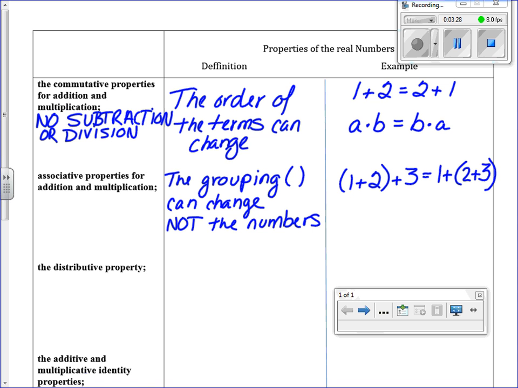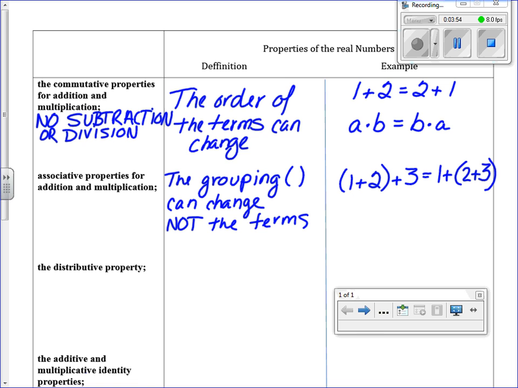Or if I had multiplication, remember the numbers, or I should erase numbers and say not the terms. If we want to stay consistent, terms. That's why we want to always do it in pencil. So when I mess up, you can erase what I mess up and fix it.